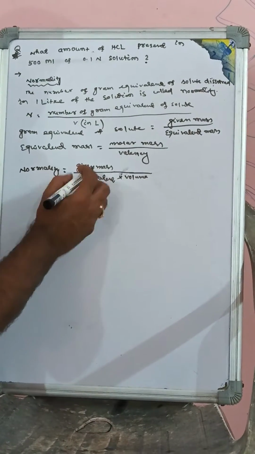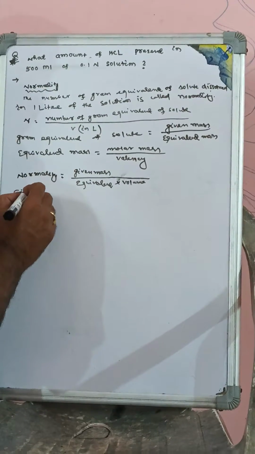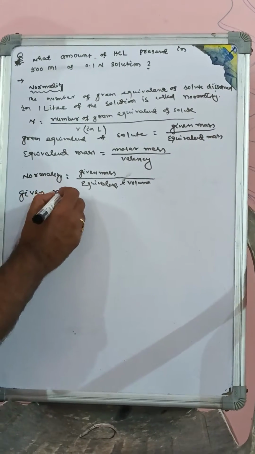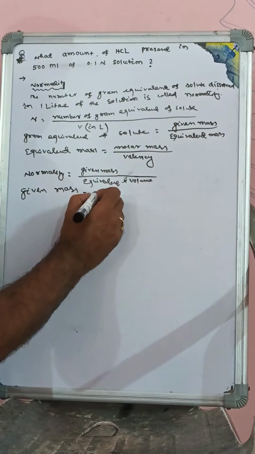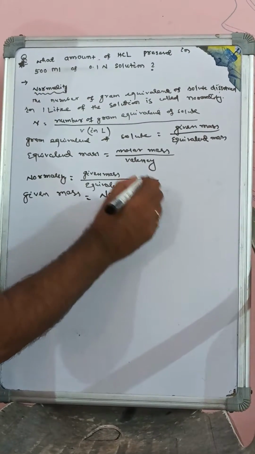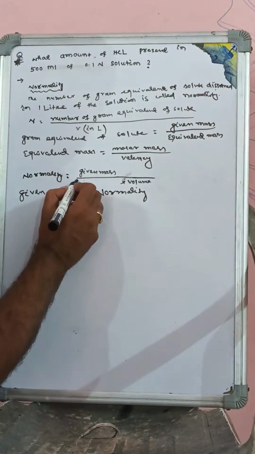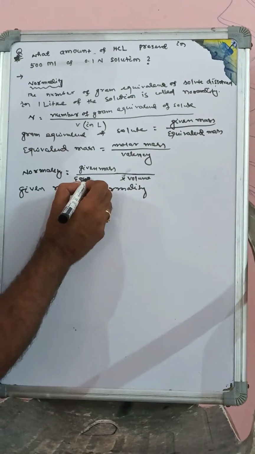Then we find the given mass is equal to normality into equivalent mass into volume.